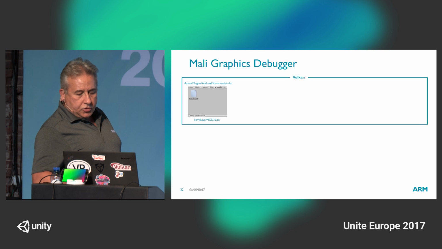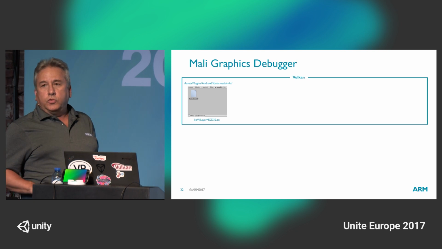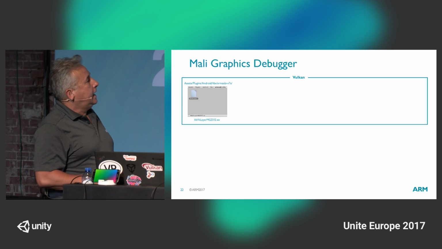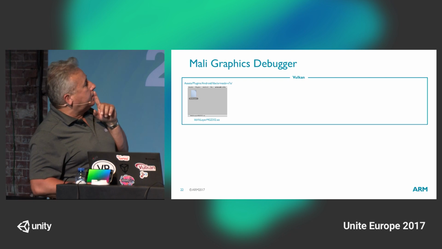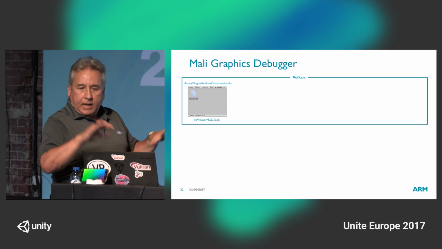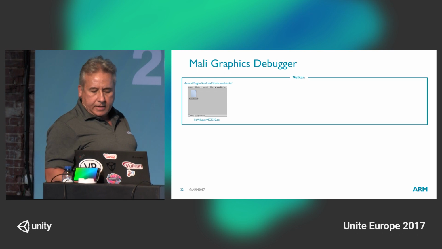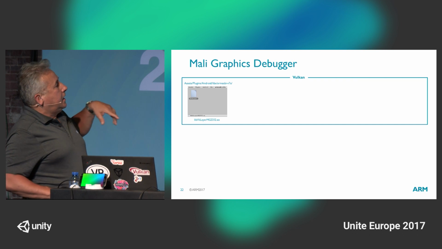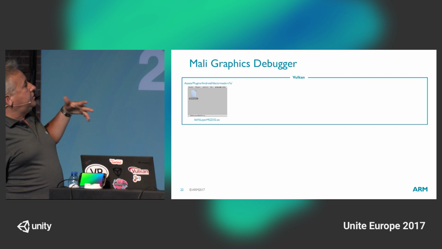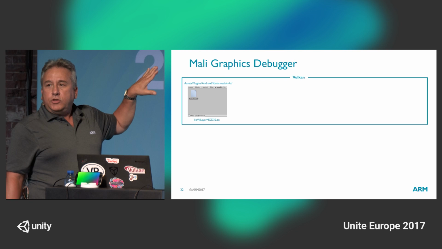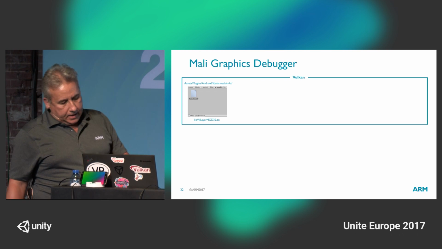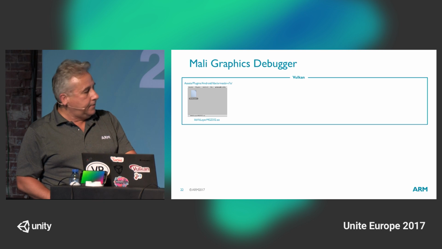I will show you here the steps you need to follow to build an application with full support for Mali Graphics Debugger. And after that, in just a minute, I will do a live demo. First of all, you need to place the library provided by the MGD installer in the assets folder of your project.